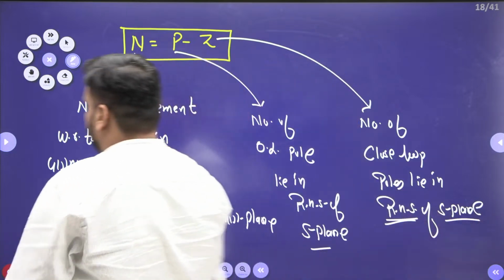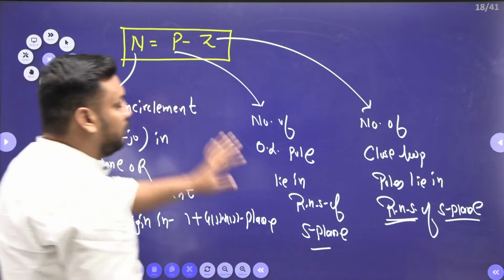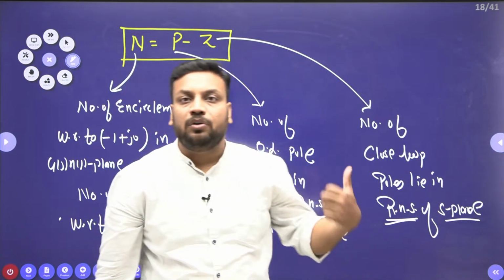This is the principle of argument, your Nyquist stability criteria.